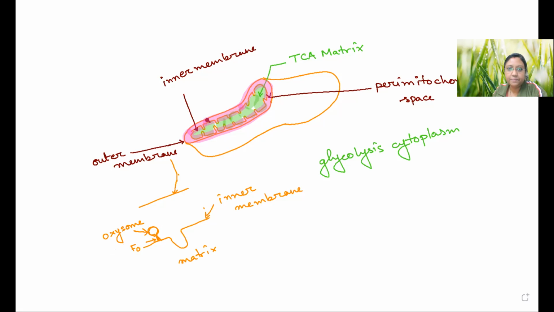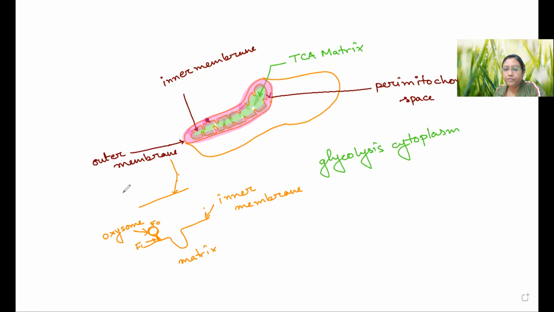F1 subunit. And this is F0, the head. And F stands for Fernandez-Moran subunit. So why they are called oxysome? Because they help in oxidative phosphorylation. So they are basically responsible for formation of ATP.